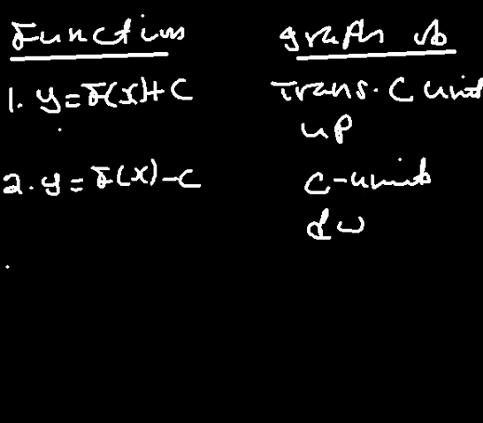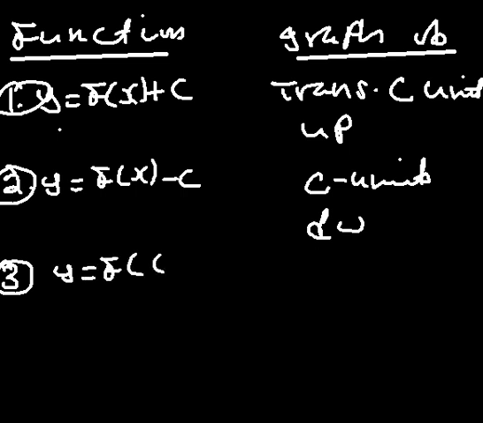And we have another case: y is equal to f of x plus c. What does it mean here? You can see that c is a part of x. Hence c is the translation determinant, but now along the x-axis.